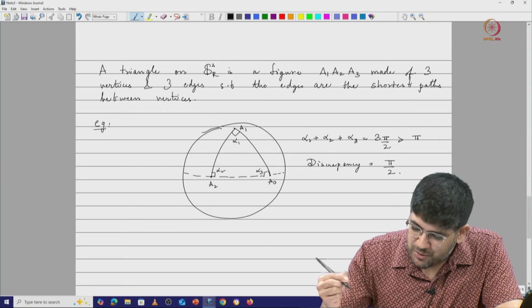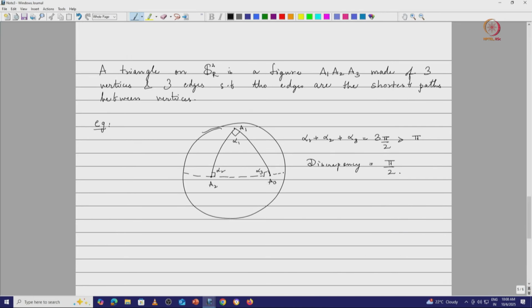Okay, there's one curious thing. If you look at this triangle, what is the area of this triangle? Well, how do you calculate that? The area of the full sphere is 4 pi times r squared, because r is the radius. The triangle that I have covers 1/8 of the surface area. Why?